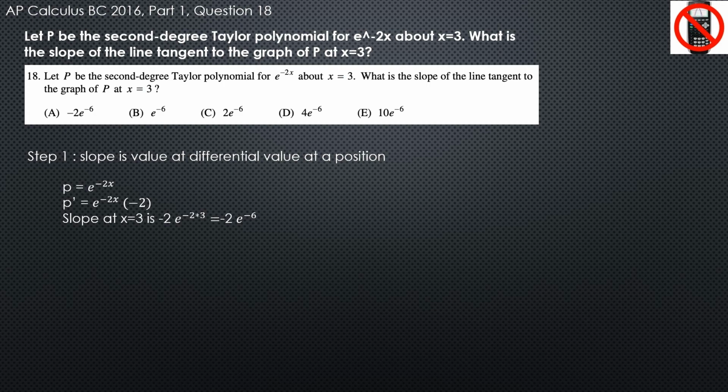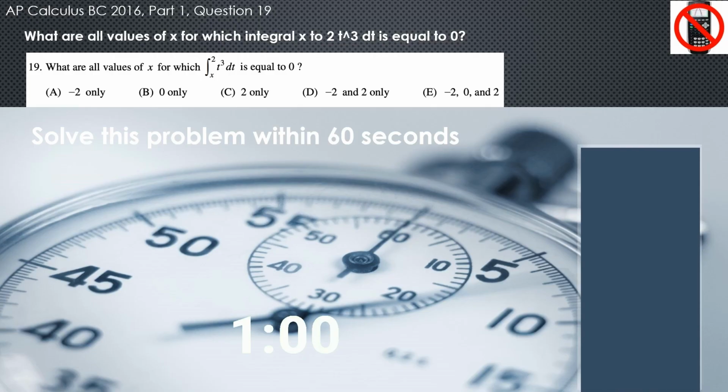Step 1. Slope is the value of the derivative at a position. The answer is A. Solve this problem within 60 seconds.